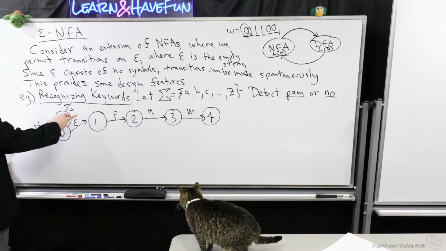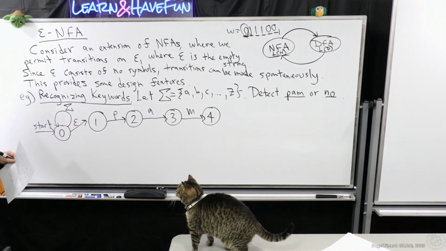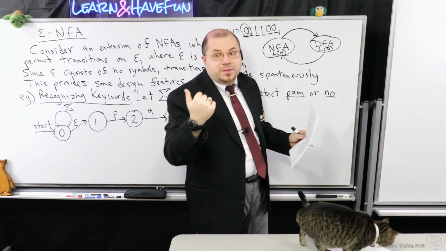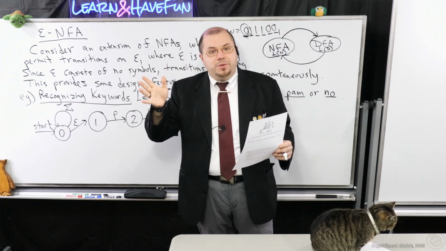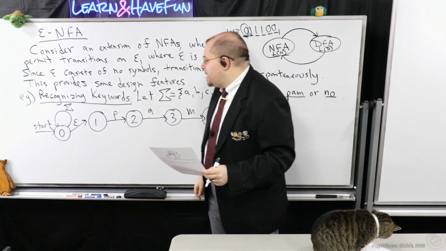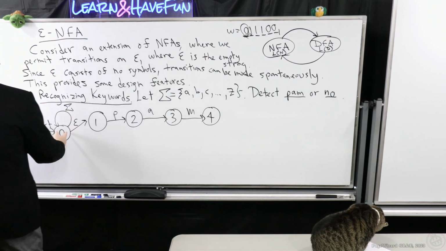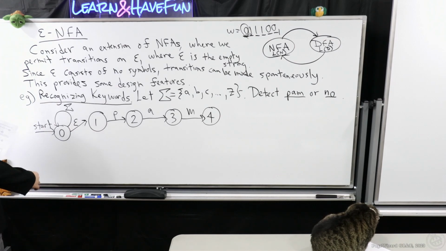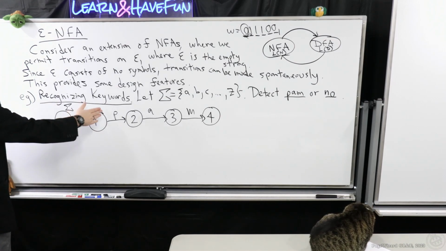You're going to see that this actually has a natural mechanism, which is referred to as an epsilon closure, which I'm going to define when we talk about the formal definition of computing for an epsilon NFA. It essentially allows us to be in state 0 and state 1 freely, right? Because I can just go here for free.